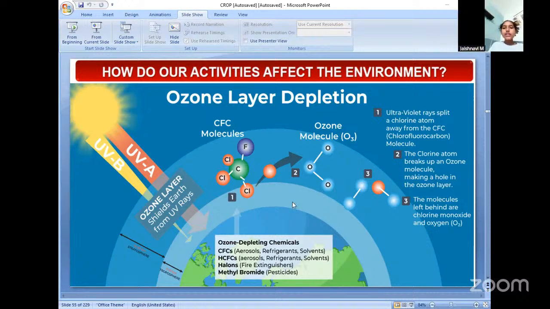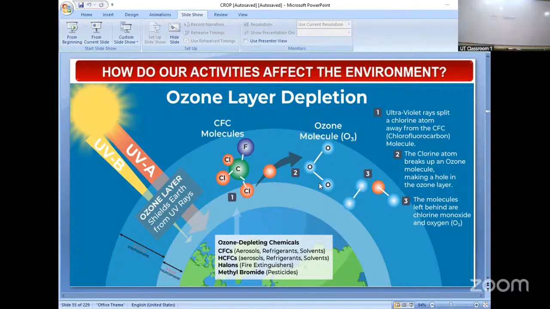The CFC chemicals break the compound of the ozone layer, right? Very nice. Okay, then what happens? It combines with chlorine and oxygen and forms chlorine monoxide, which is very harmful.